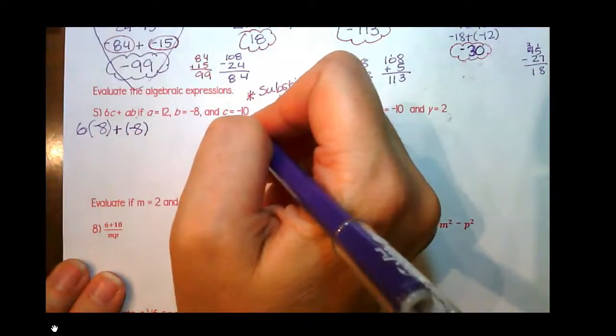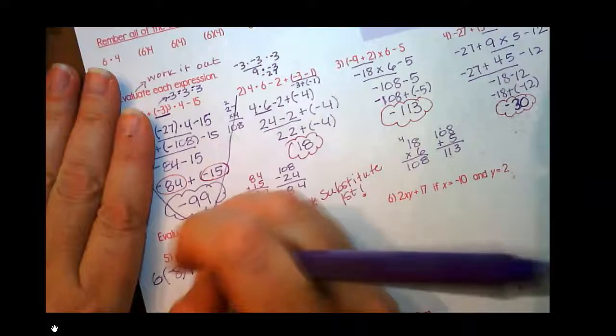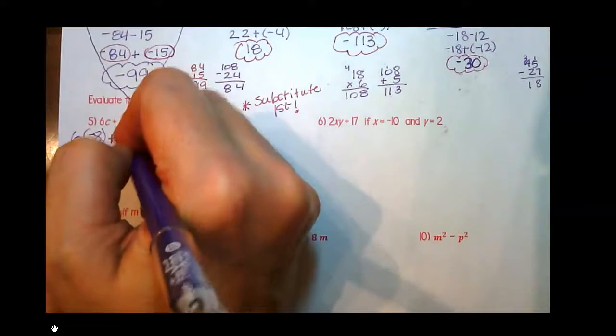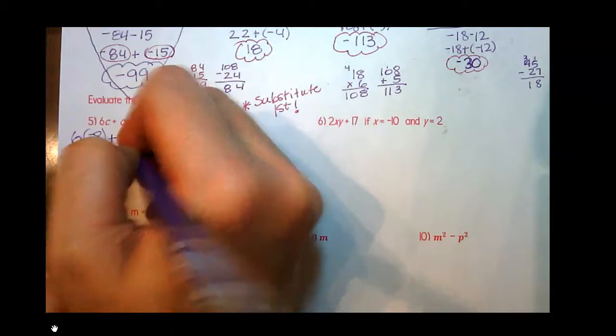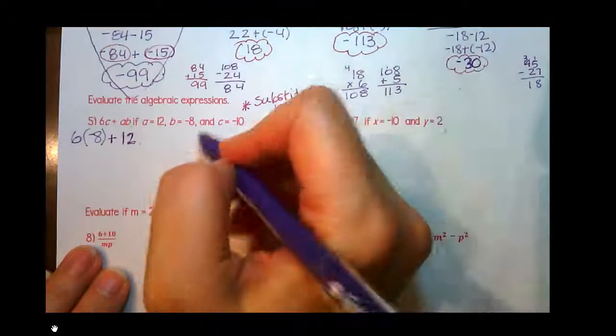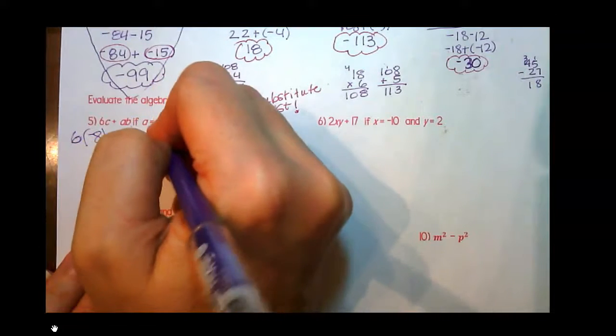You really want to substitute exactly the way it says. A came first, so write the a first. Sometimes it won't matter, but if it were addition or subtraction, it would. And then parentheses and negative 8.